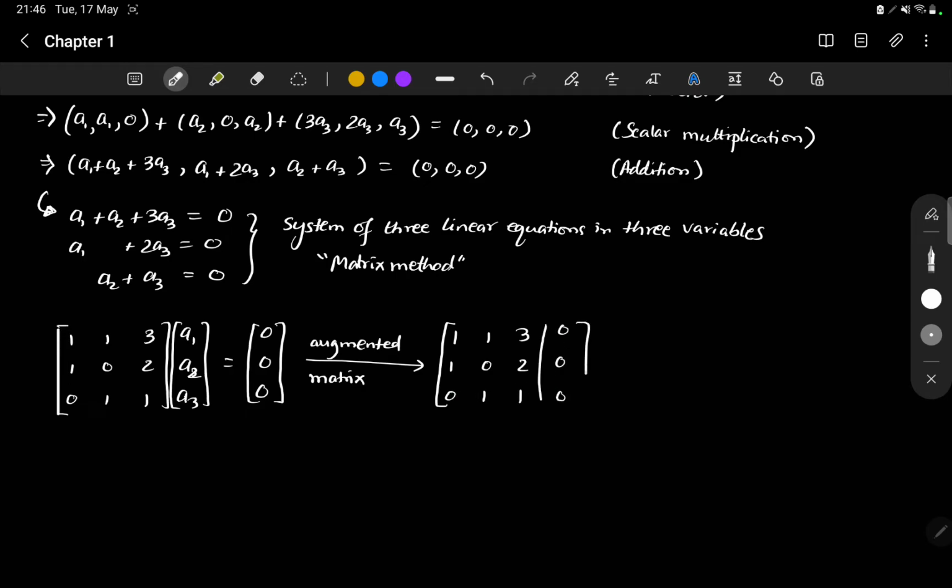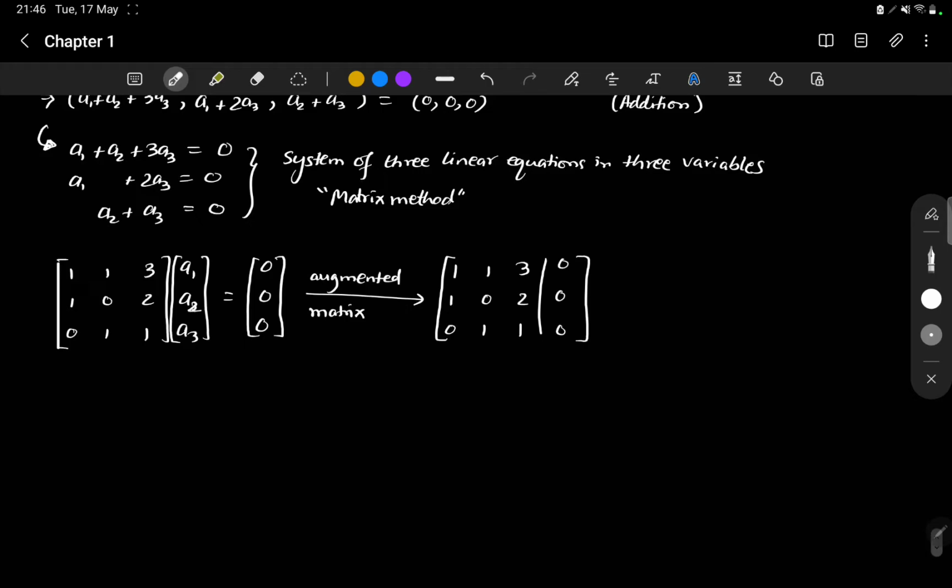We just write the coefficient matrix and the right hand side, that is the constant column vector, which is in this case the null column vector, and then we will apply row reduction to this system and subsequently find the values for a1, a2 and a3.